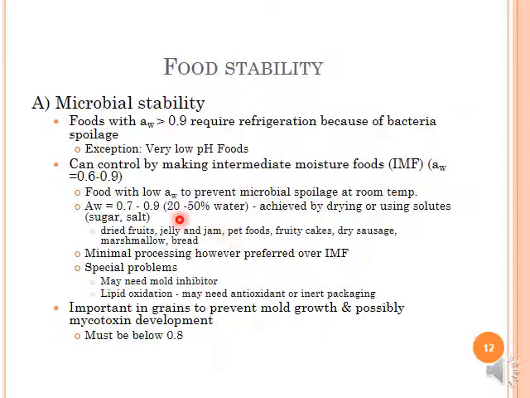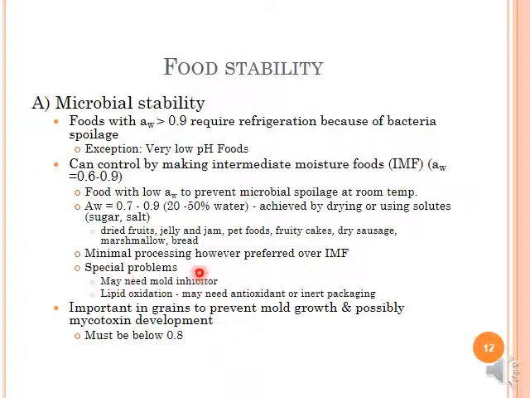If you notice, jam in the market looks very moist, but the shelf life is long because the moisture is bound to sugar. For intermediate moisture food, it will need only minimal processing in order to prolong the shelf life.